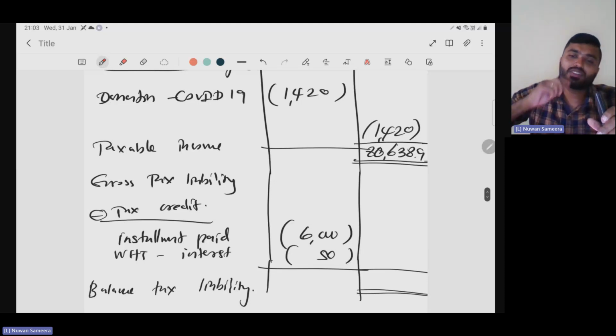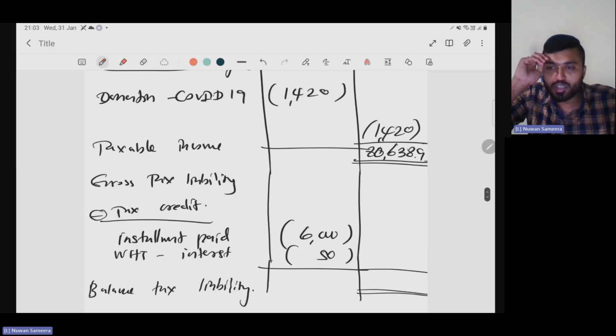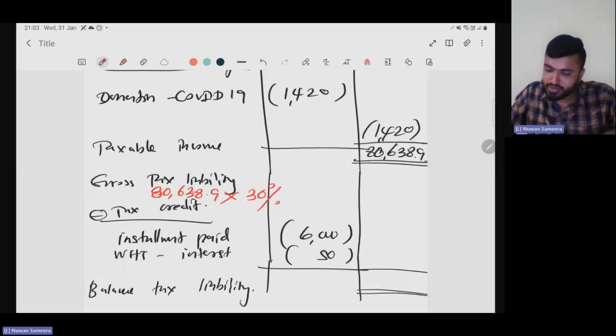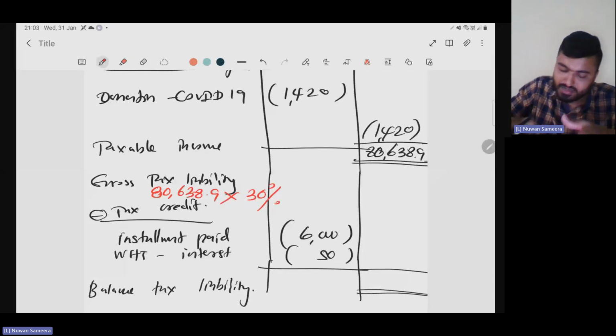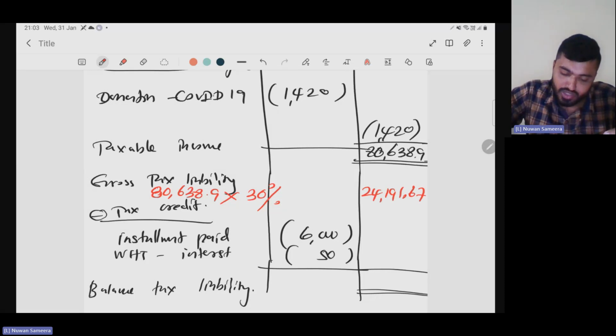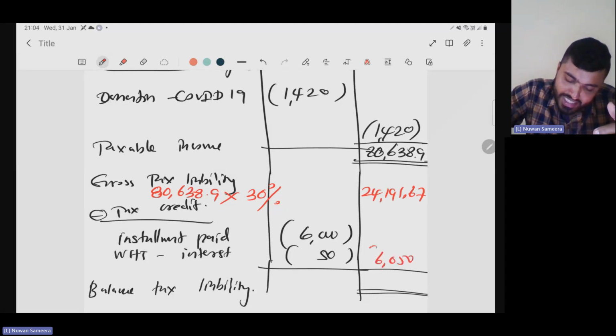So if there is no gain from liquor, tobacco, betting and gambling, the total available taxable income is 80,638.9. Now you can tax at 30%. There is a fixed rate now, right? Not like the earlier. Earlier it was kind of advanced. The type of the business will decide the rate. So now you can see, my dear students, 6,050 is the available total tax credit.